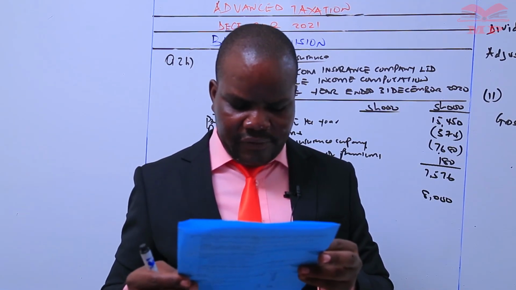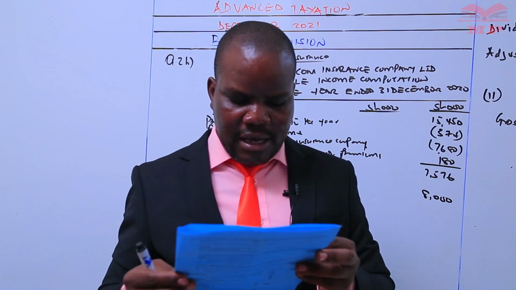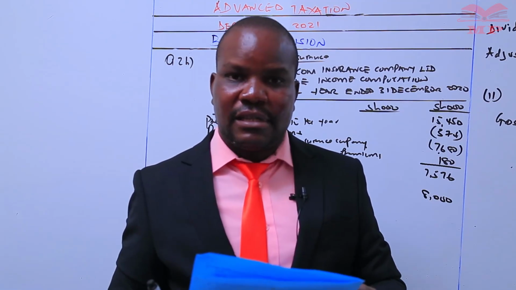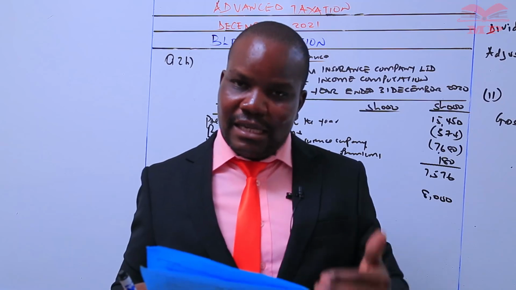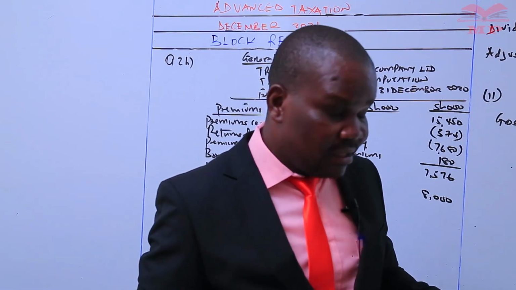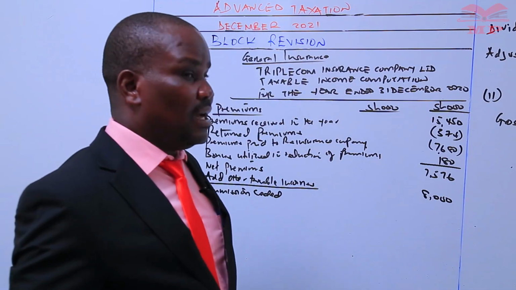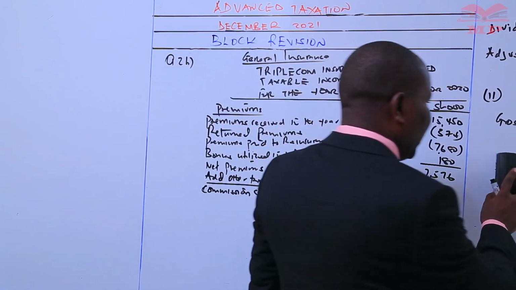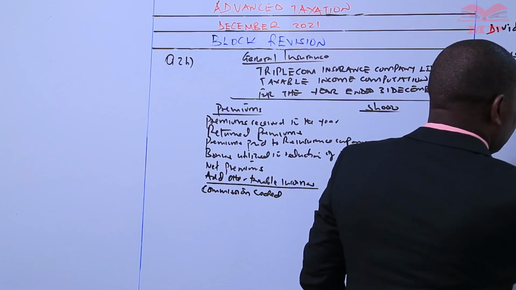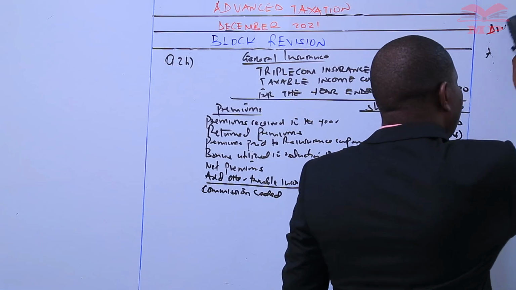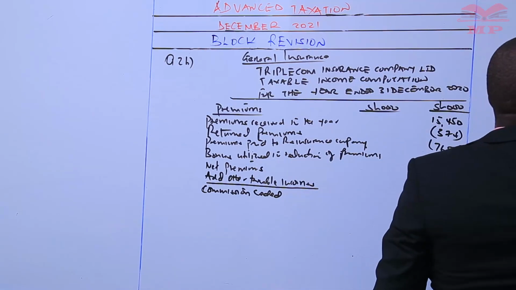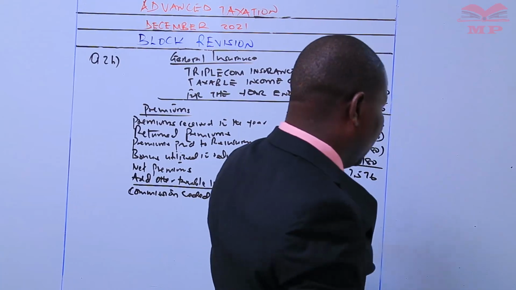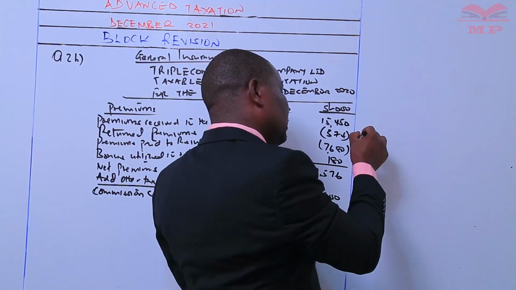So we have the reserve at the beginning of the year and at the end of the year. What we do is to run this account. If it is a decrease, we tax the decrease. If it is an increase, we allow the increase as an expense. So that means we have to run working one. So we run a small working one.